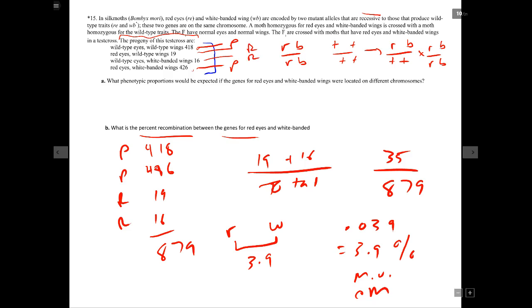So 418 was wild type for both genes, so that's this chromosome. The other one was red and banded, so that's the other chromosome. The 19 is just red, so it's red and wild type for the other one. And this is plus and banded. So those are the recombinants.